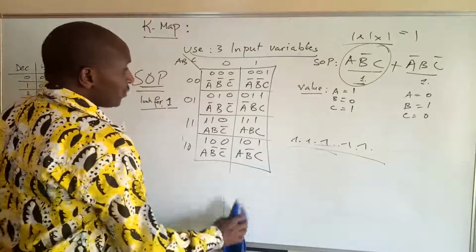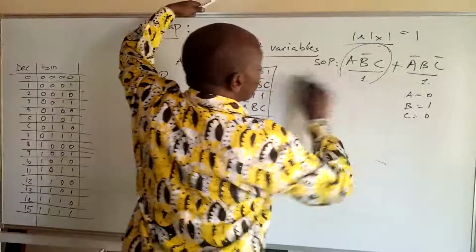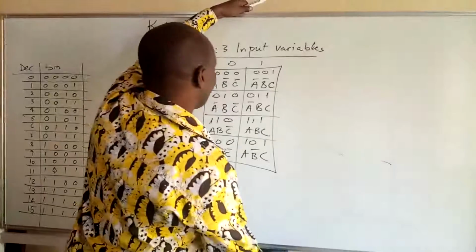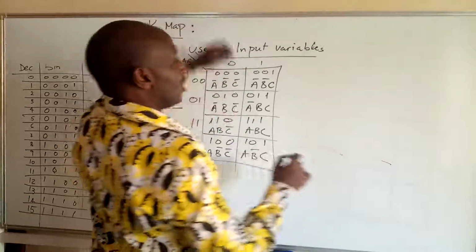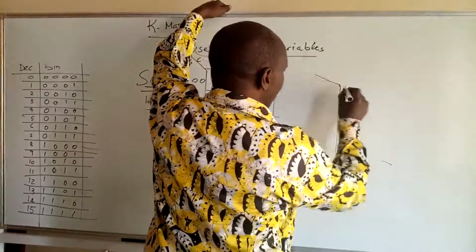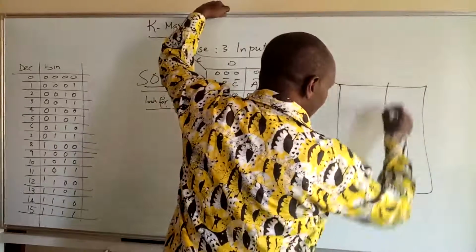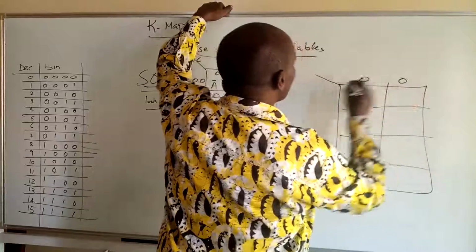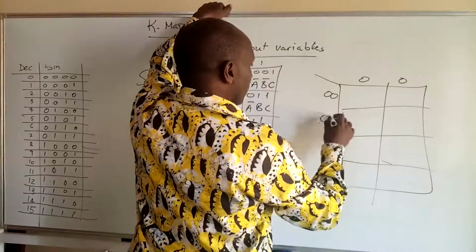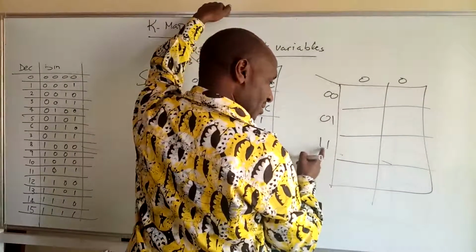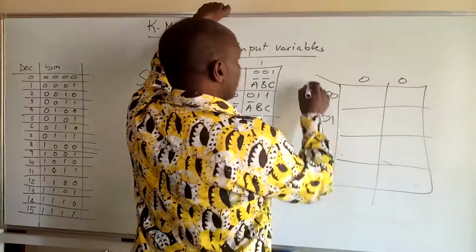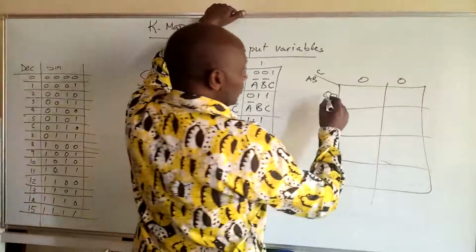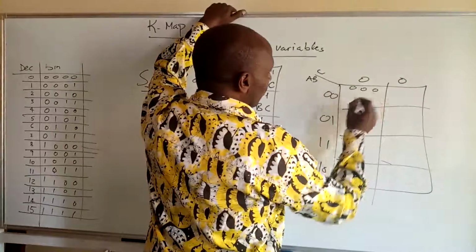Good. So this is how we do for the sum of product. Now, if it is a product of sums, good, product of sums. Now, 0, 1, 1, 1. Remember always. Don't forget. A, B, that is C. Now, friends, this will be 0, 0, 0.